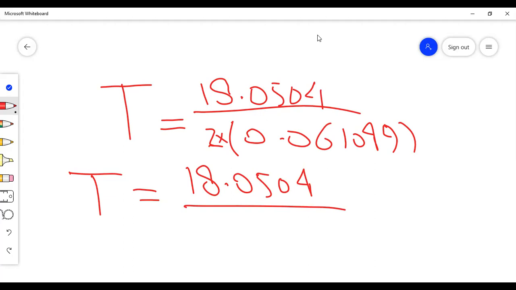Please multiply this one. 2 multiplied by 0.061049 is 0.122. Now divide 18.0504 by 0.122.